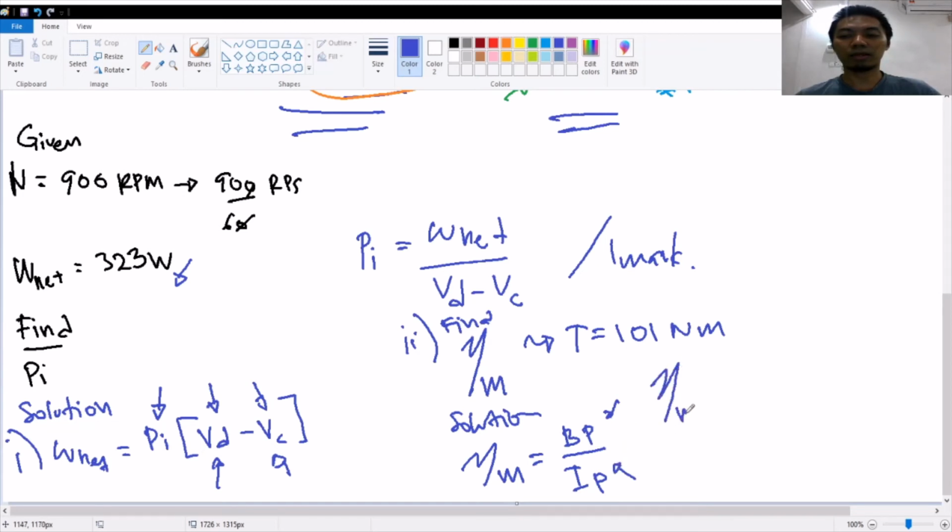So mechanical efficiency equals BP over IP. BP equals 2 pi N T, right? And it's already given here.